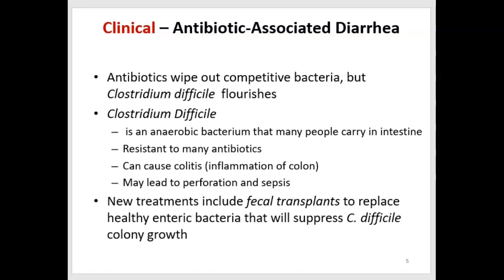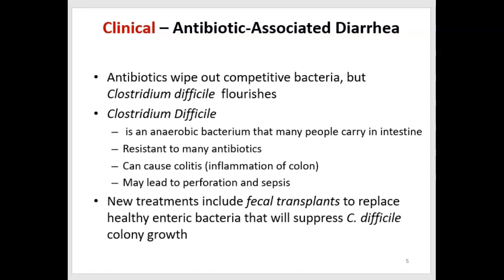This Clostridium difficile can cause colitis, inflammation of the colon, and through this process of inflammation, it can lead to perforation of the large intestine wall, and then the bacteria in the intestine, as well as any other toxins, can escape into the bloodstream, and you can get sepsis, so widespread infection.